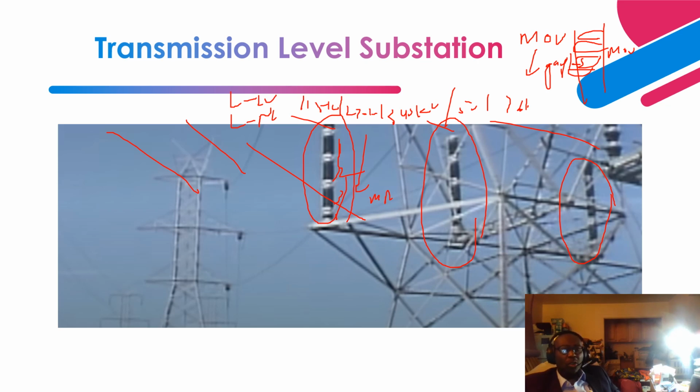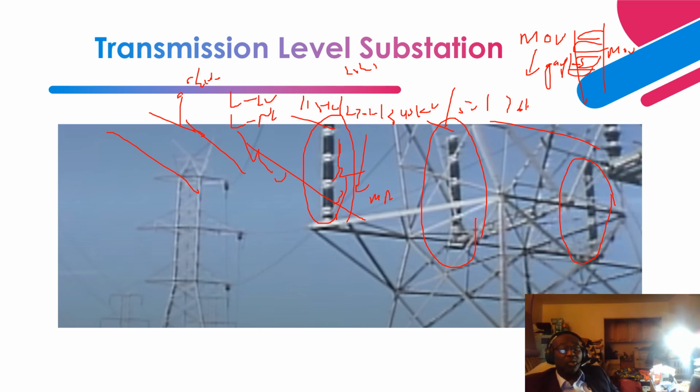Once we have a lightning strike in close proximity to the substation on the transmission line, and on top of the transmission line we have a shield wire, the goal of the shield wire is to protect the phase conductors.